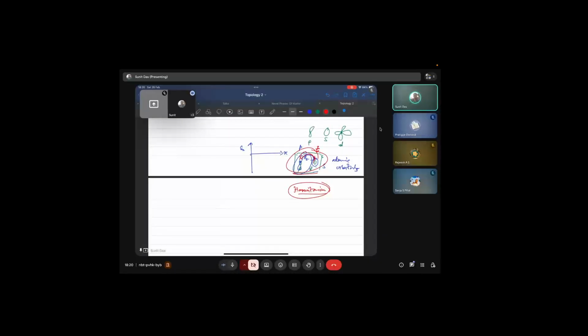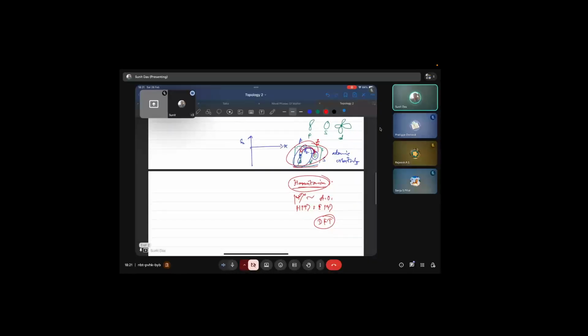Consequently we get the Hamiltonian, and the wave function will be constructed from atomic orbitals, AO, because you are essentially constructing the Hamiltonian from the atomic orbitals. So you will solve H psi equal to E psi. There are various ways of solving it. One numerical way is DFT, density functional theory. There are other ways also.